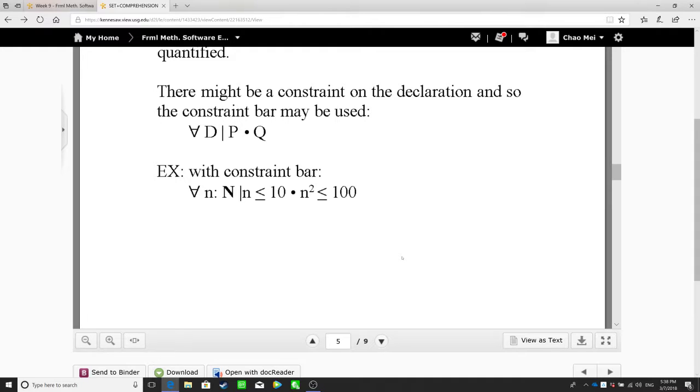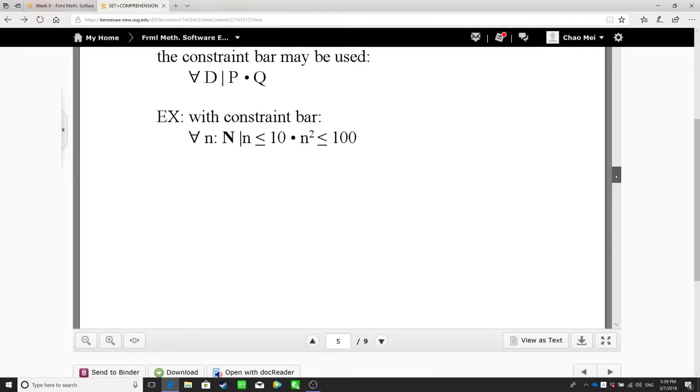One is existential, one is universal. Like one of us is a teacher, or all of us are teachers. That's this kind of difference. Constraints bar.